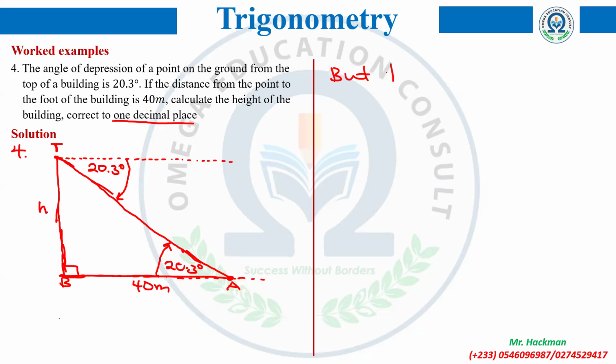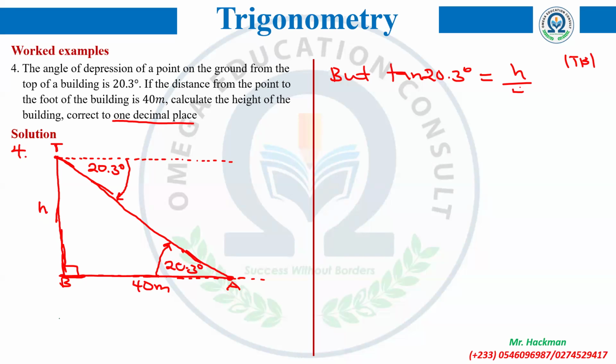So I'll write tan of my angle. What is the angle? 20.3 degrees, equal to the opposite, which is h, over the adjacent. If you didn't represent it by h, then you are supposed to use the length of TB or BT, as we've been doing. Over 40.